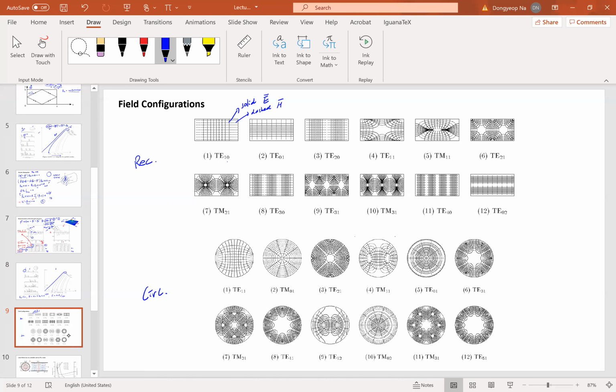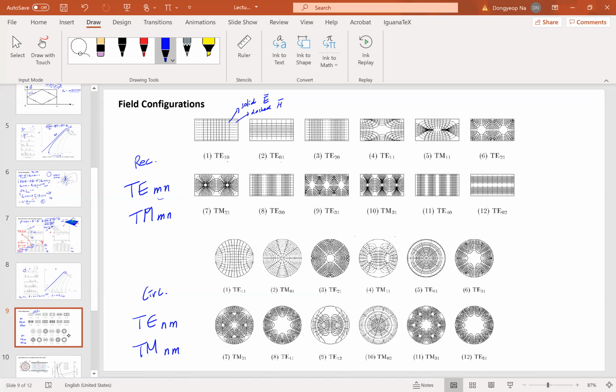You can see that the mode index, by the way, in rectangular waveguide, it was TE mn mode or TM mn mode. In circular waveguide, TE mn mode and TM mn mode. Okay.